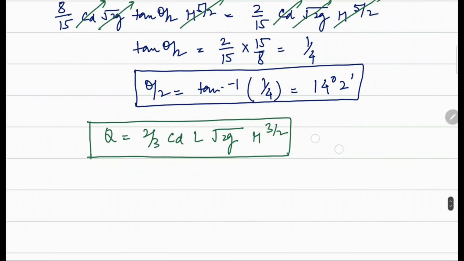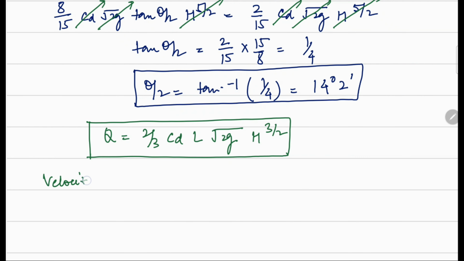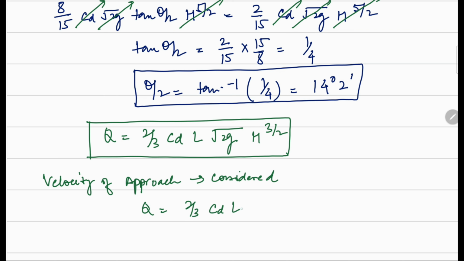Now if we consider the velocity of approach, the same equation can be modified as Q is equal to 2 by 3 CD multiplied by L under root 2G into (H plus HA) raised to the power 3 by 2 minus HA raised to the power 3 by 2.